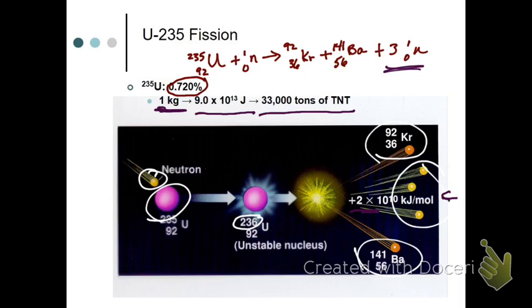So you can see how just 1 kilogram fissioning can generate a huge amount of energy in these kinds of processes, and that's, of course, the origin of the power of these nuclear explosives.